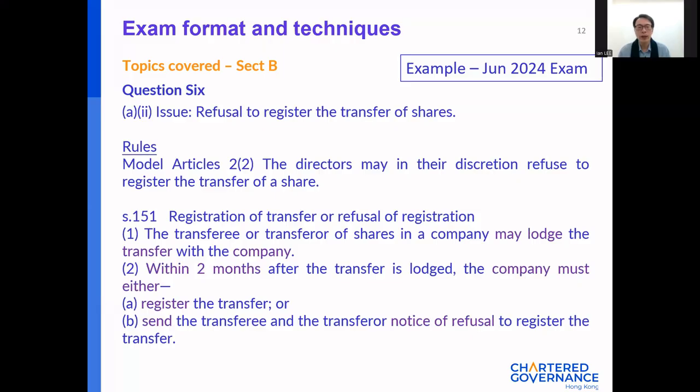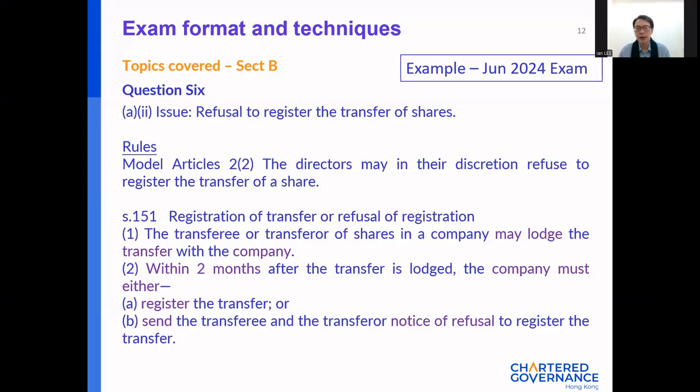Okay, then we can go to section 151 of the Companies Ordinance. The transferee or transferor of shares in a company may lodge the transfer with the company. Then, within 2 months after the transfer is lodged, the company must either register the transfer or send the transferee and the transferor notice of refusal to register the transfer. So you can see the mechanism in section 151 allows for two possibilities.